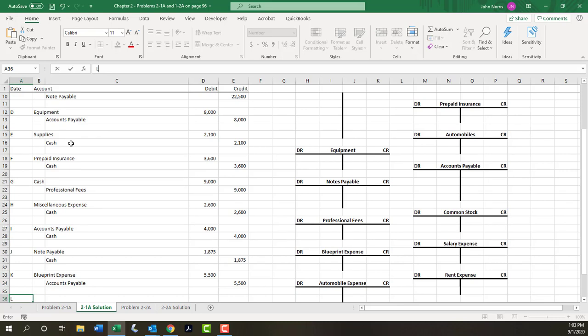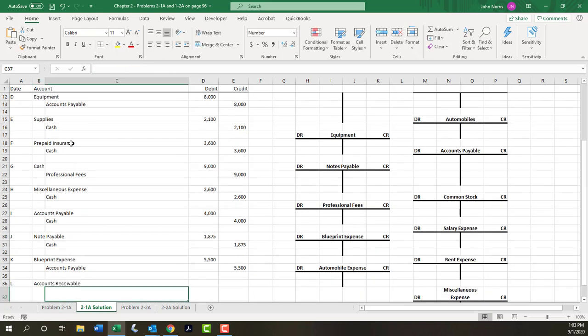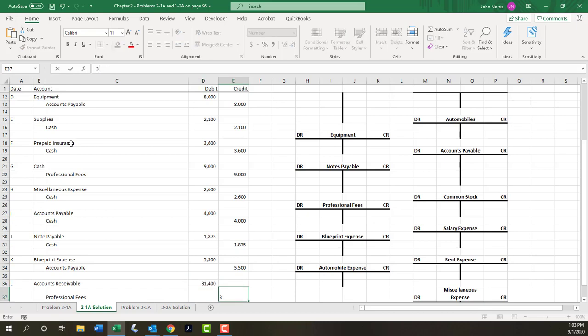L, recorded fees earned on plans delivered, payment to be received in February, $31,400. So this is accounts receivable, and once again, professional fees, and that is $31,400.